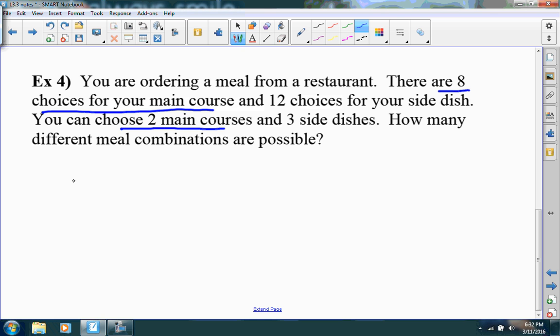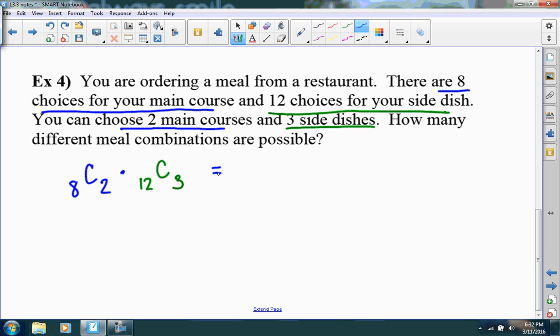So for our main course, we're going to have 8, and we're going to combine them into groups of 2. And then we're going to multiply that by our other options. There are 12 choices for the side dishes, and we can pick 3. So then we'll have 12, and we're going to combine them into a group of 3. So that will be how I calculate my final answer.